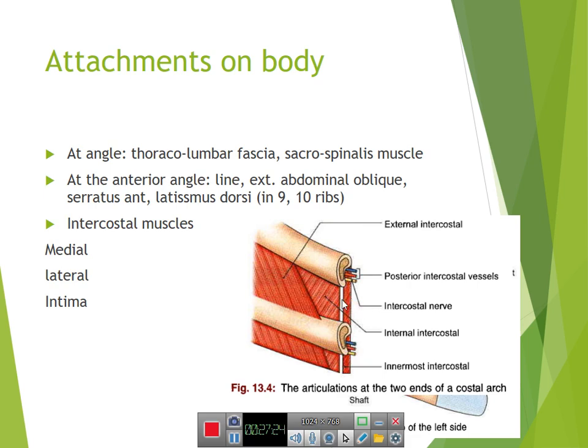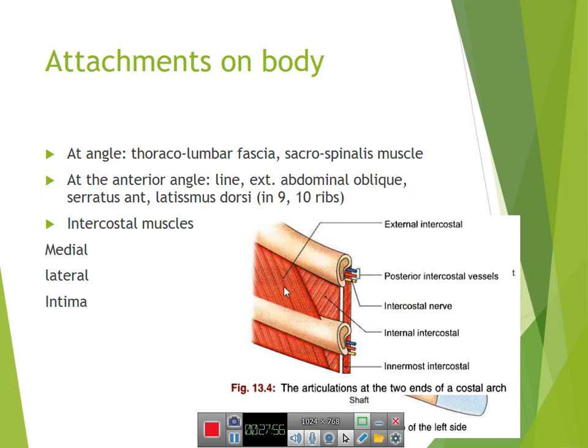Both ribs have a costal groove that contains costal nerves and vessels. These three intercostal muscles are located between two ribs, upper and lower.